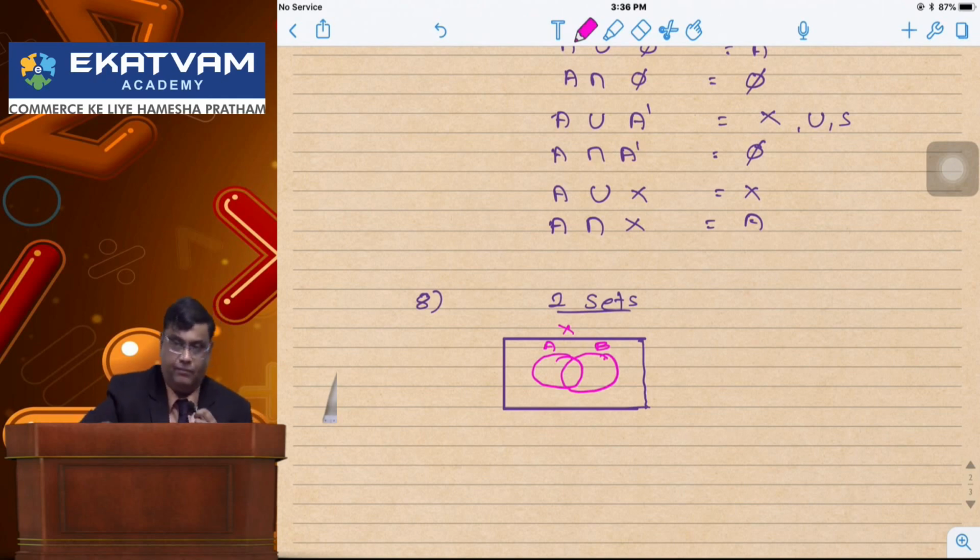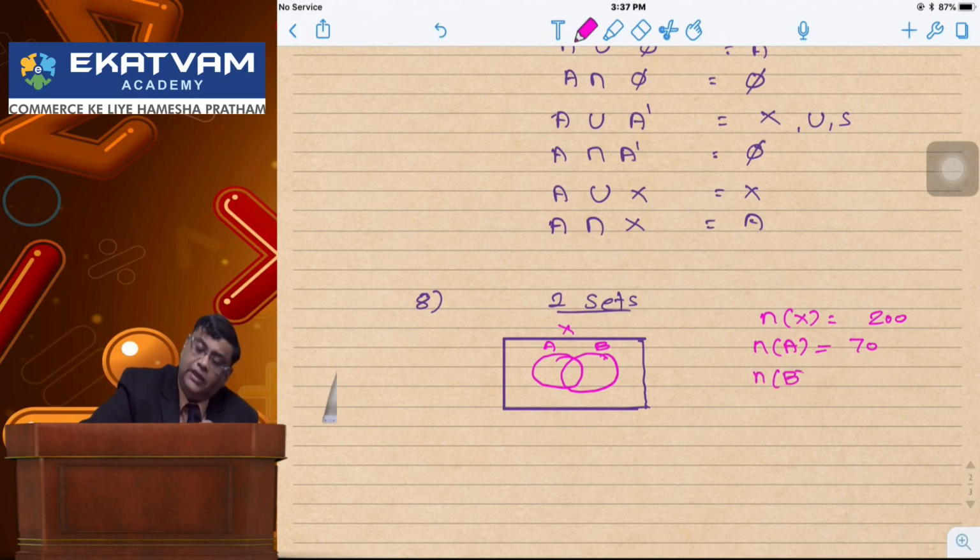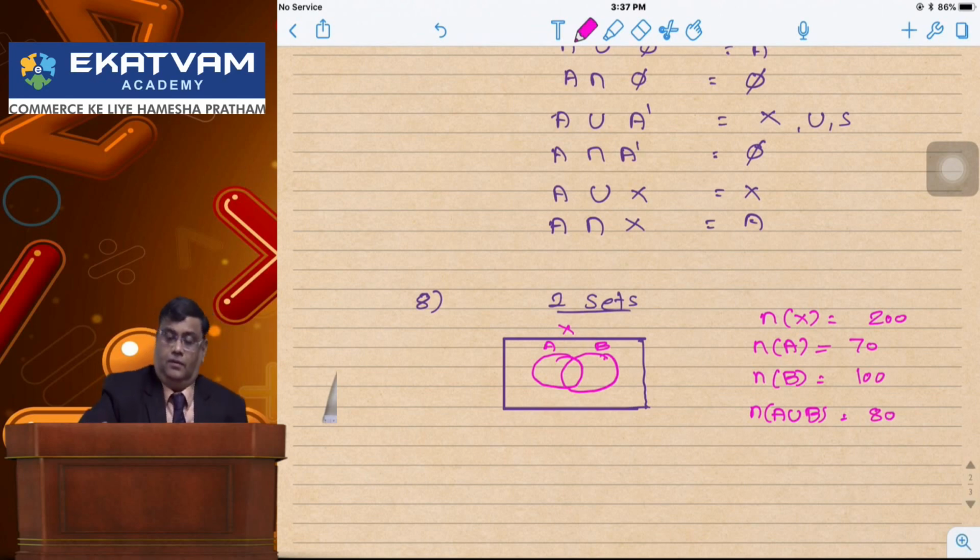Now suppose I tell you that n of X is 200, n of A is 70, n of B happens to be 100, and n of A union B happens to be 80. Correct?